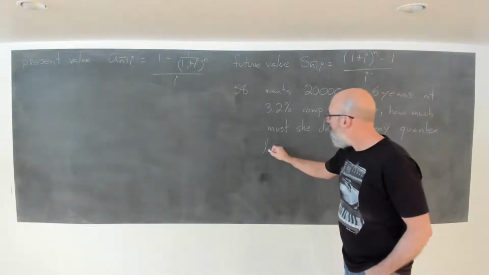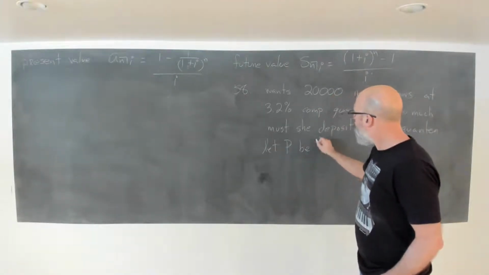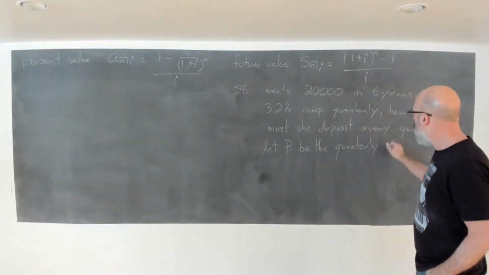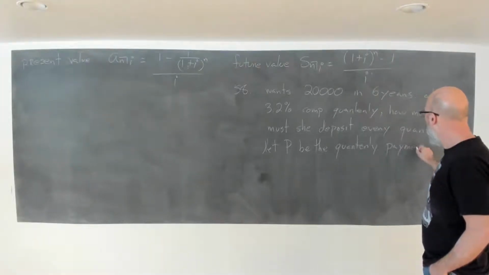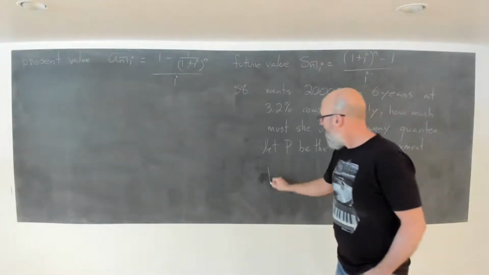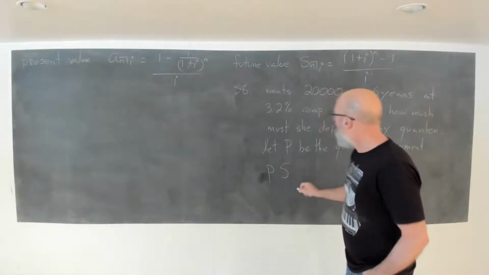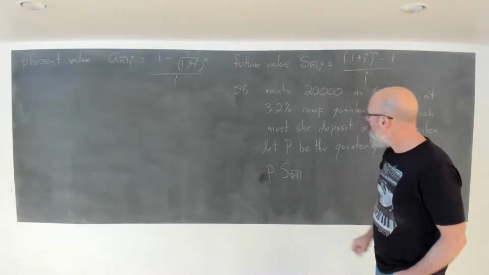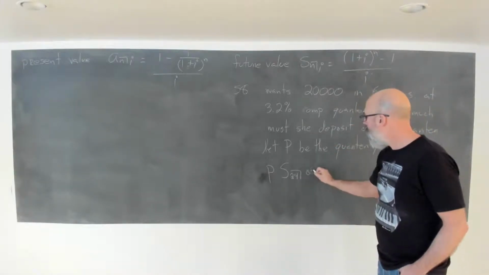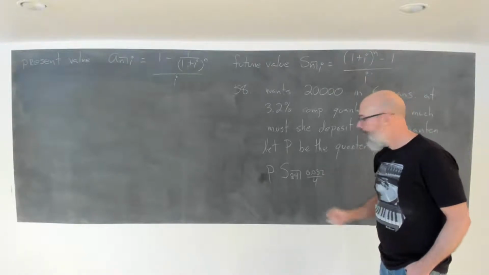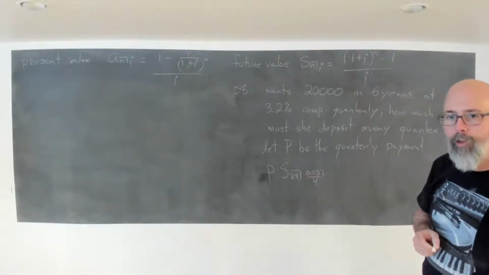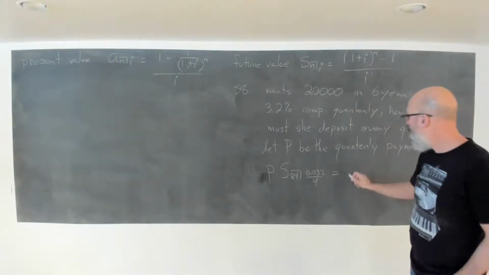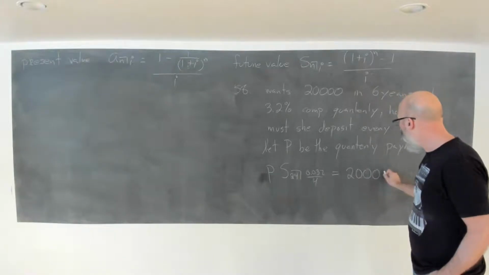Let P be the quarterly payment, for 6 years or 24 quarters, at rate 0.032 divided by 4 per quarter, this should accumulate to what you want, namely the 20,000.